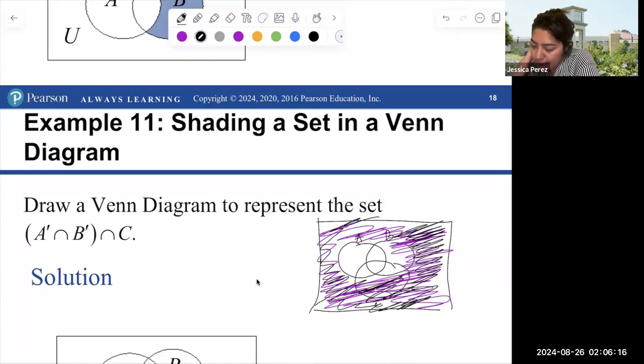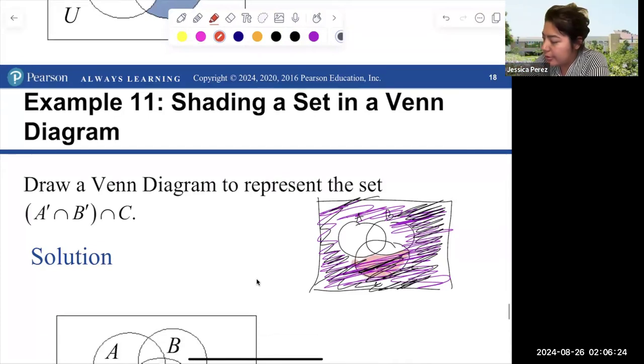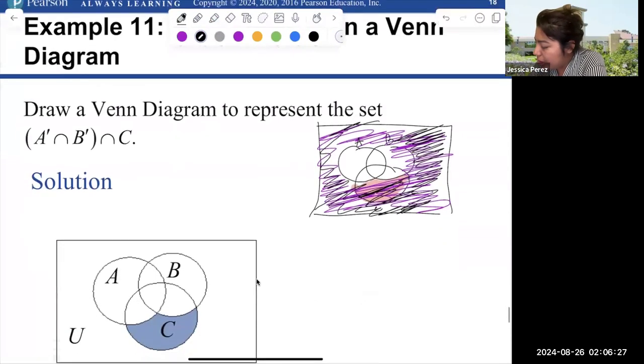And then and C. So and C would mean this. So where all the three colors meet. So all of the colors meet in this area.